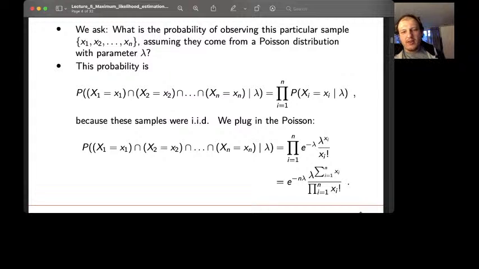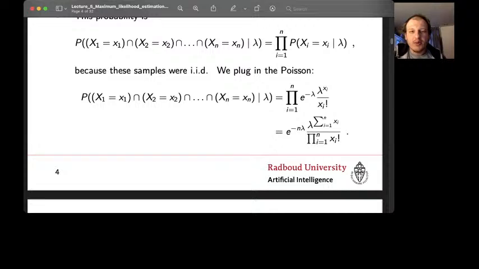Okay, so this is what we call the generative process. You have your lambda parameter, and from there you sample your data points. Basically the likelihood of that parameter will be how likely it is for these data points to come from this lambda.